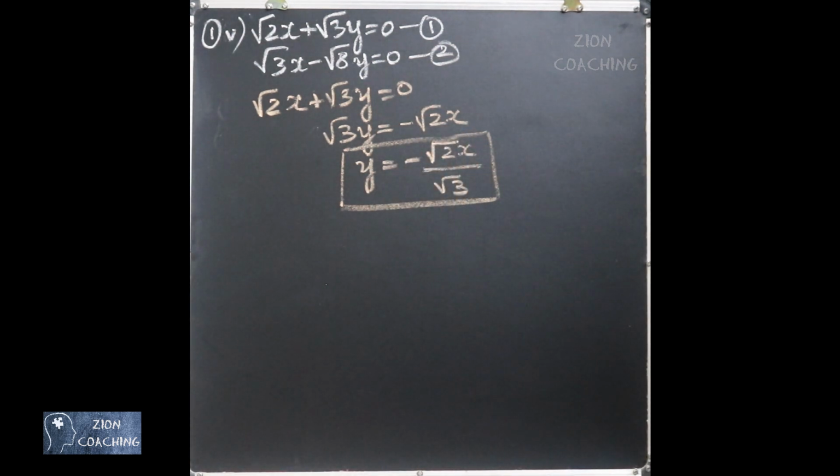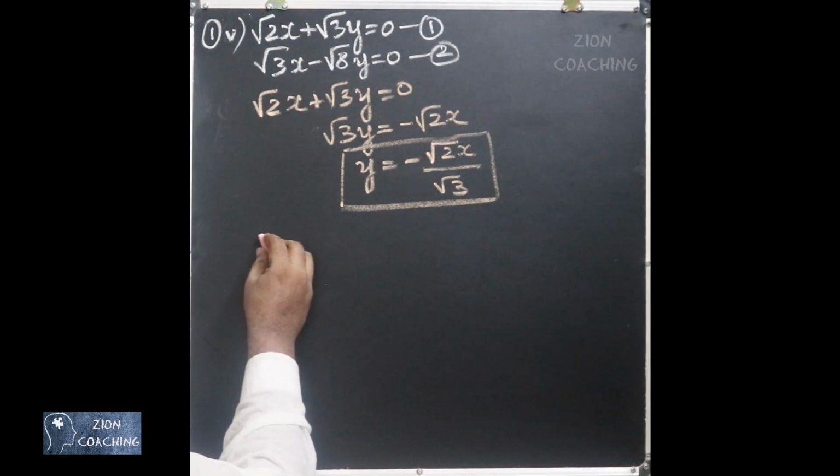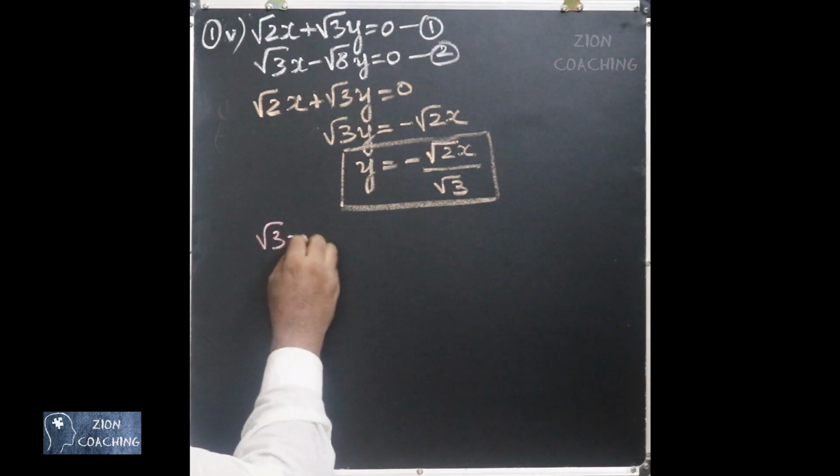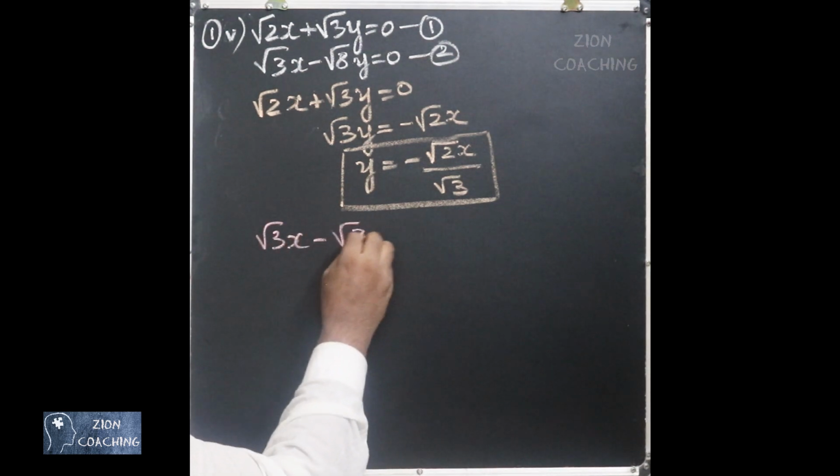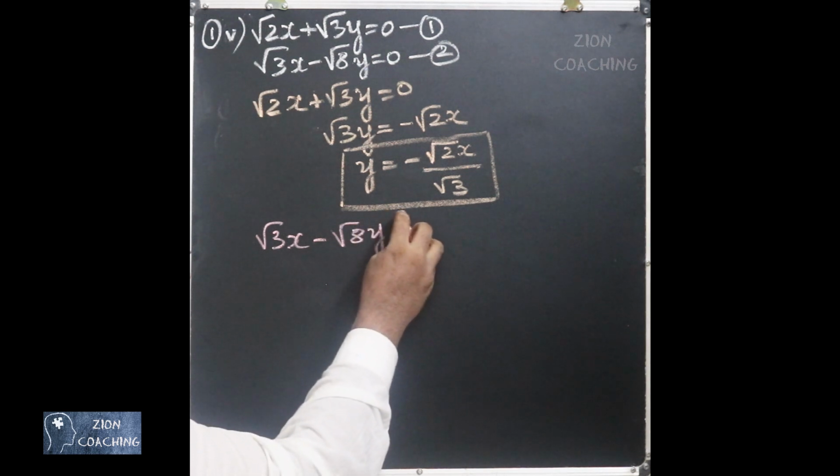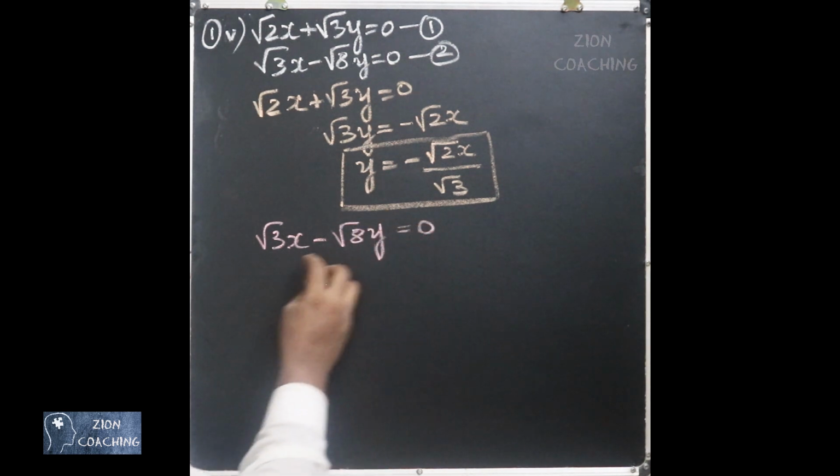Now we are going to substitute this value of y in the second equation. The second equation is root 3x minus root 8y equal to 0.